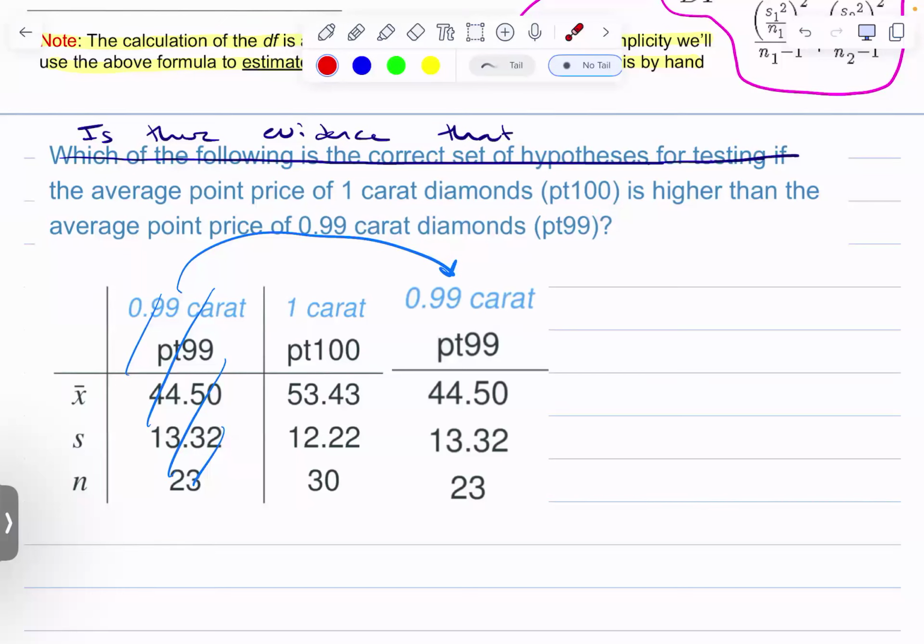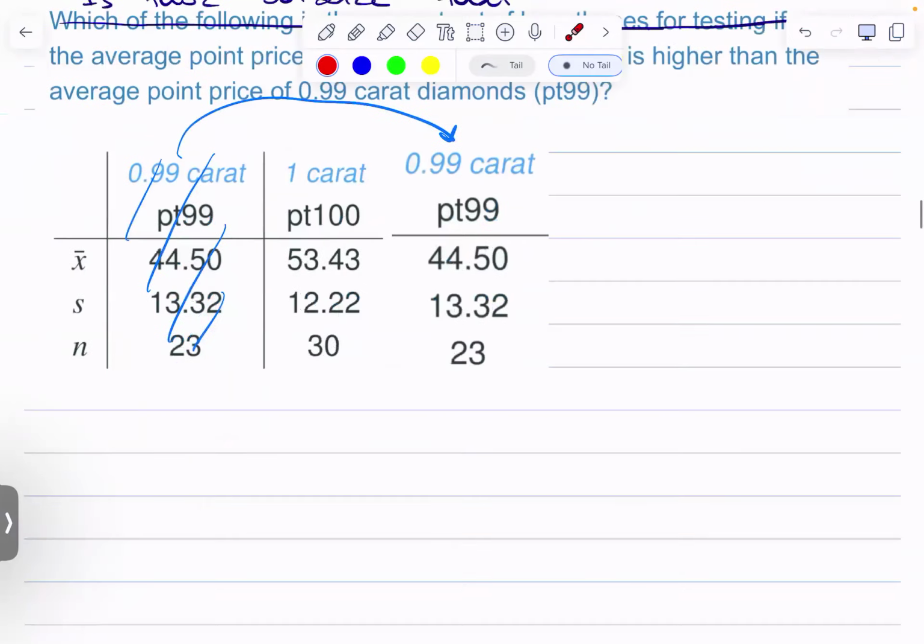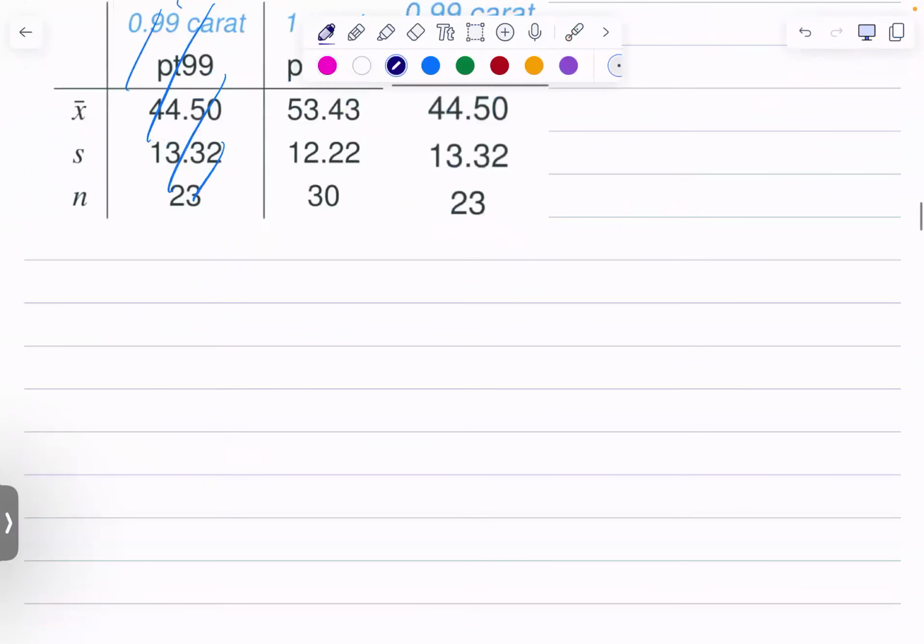Now, is there evidence? Means that I have to do a full hypothesis test, right? And so we'll do it. Let's do it together, just start to finish. I'll start with the most boring step, 0 conditions. We already talked about them. I want you to see them in action.